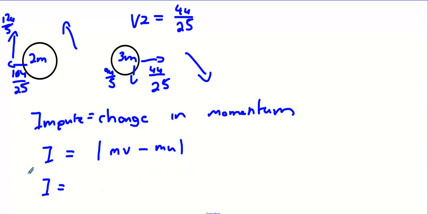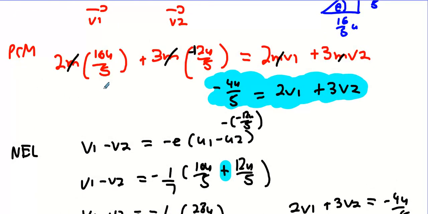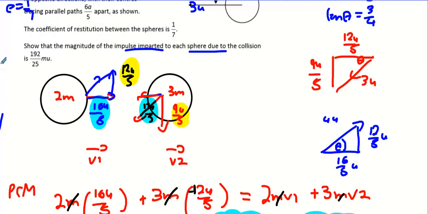So the impulse of the 2m mass is going to be 2m multiplied by v, and we know that's 16u over 25, and that's a minus because it's going left, and then take away its initial speed, which was 16u over 5 to the right at the start.